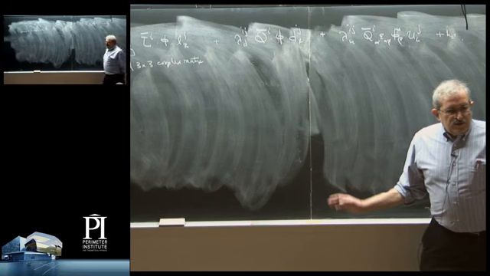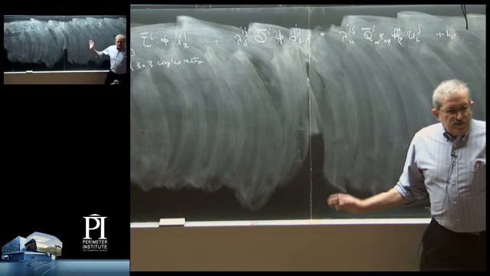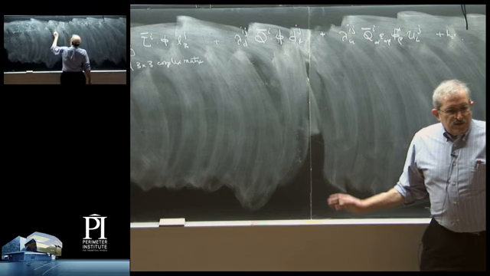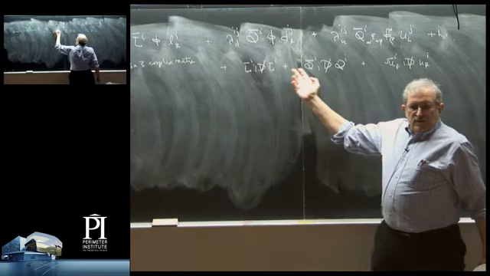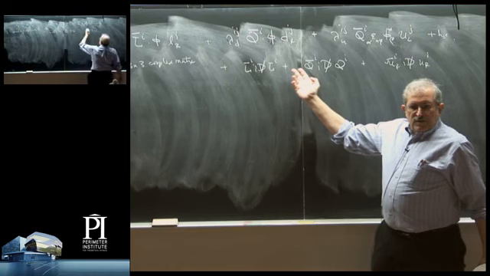And I'd just like to remind you that in terms of these fields, the kinetic energy terms are much simpler. The kinetic energy terms are things like L bar i d slash L and Q bar i d slash Q and U bar right i d slash U right, etc. So these are absolutely diagonal in the generation quantum numbers, and all with coefficient 1.